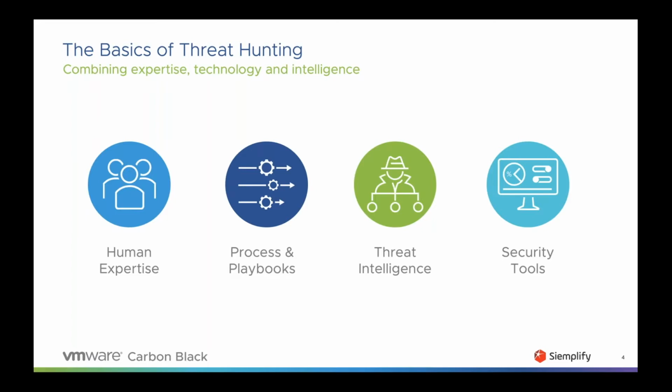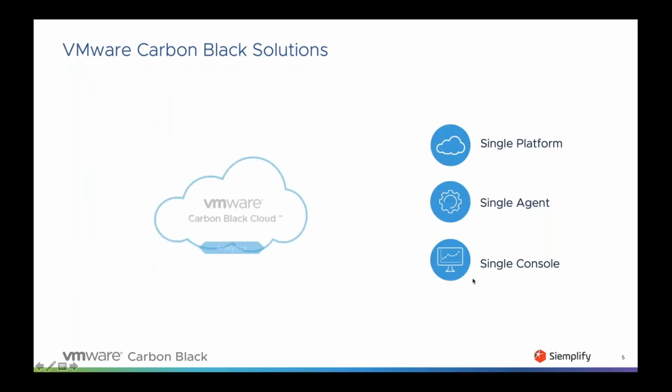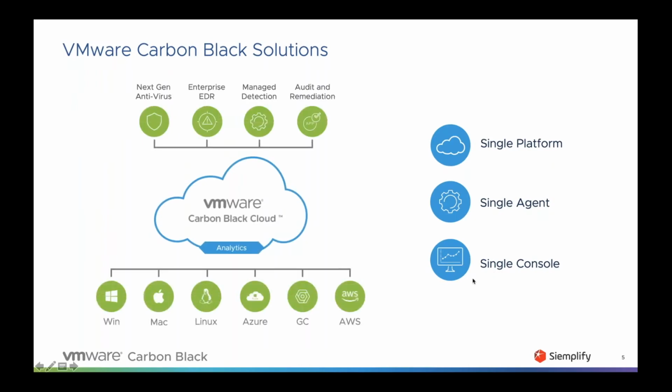So where does VMware Carbon Black fit into these 4 phases? First, a little bit about what VMware Carbon Black Cloud is. The key point is that it is a single cloud platform, a single agent, and one console to view 4 different products.